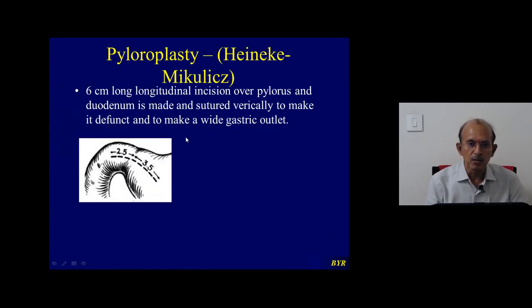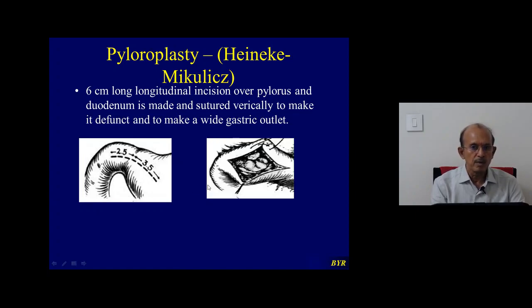So in pyloroplasty, what you do is you make an incision on the anterior wall of the duodenum, 2.5 centimeters, and on the pyloric antrum, 3.5 centimeters. So you cut the full thickness of the anterior wall of the duodenum and pyloric antrum. Now the duodenum and antrum are open.